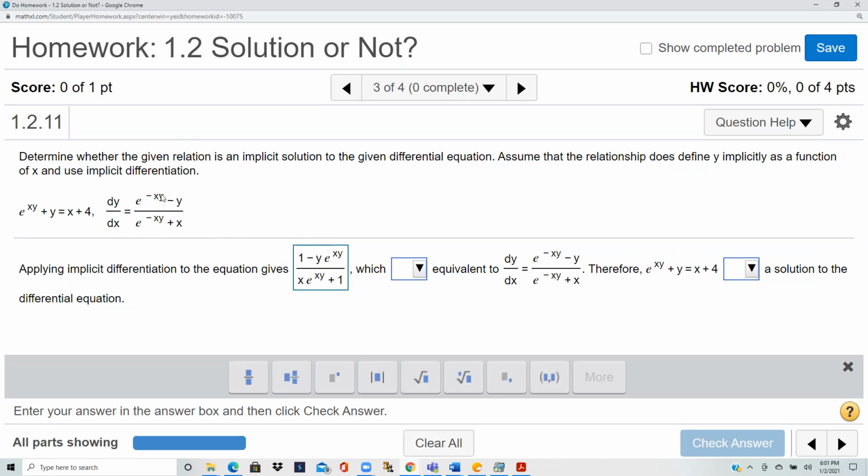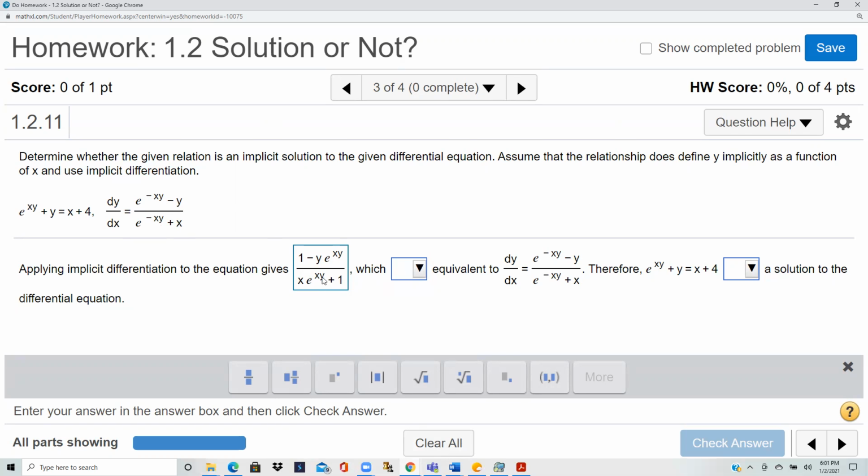So when I do e to the negative xy times e to the xy, I get a 1, which I do have here. And then I multiply this by e to the xy, I get negative y e^xy, which is what I have here. And then multiply this term by e to the xy. So I get a 1, e to the negative xy times e to the xy is a 1, which is this. And then this times e to the xy is xy.